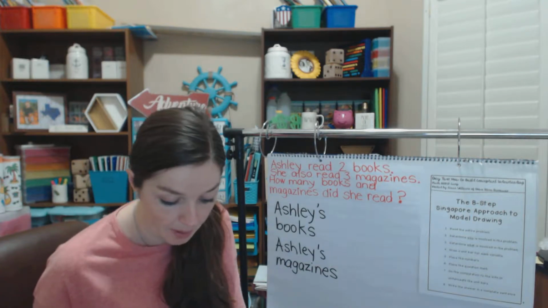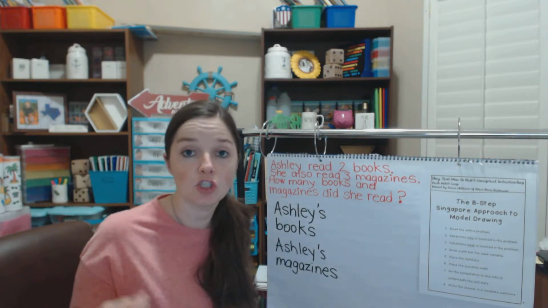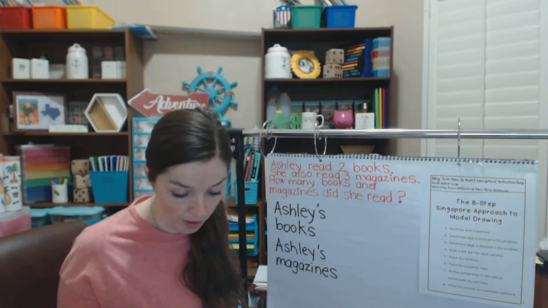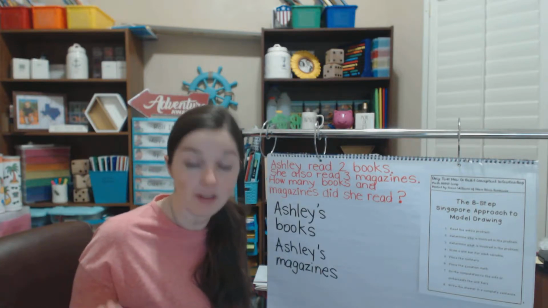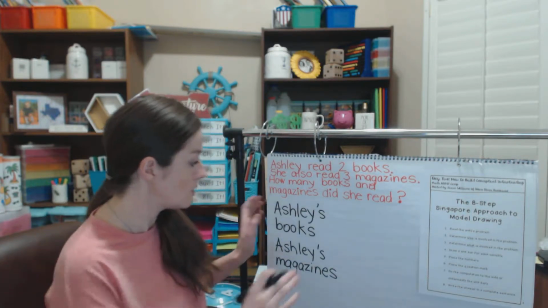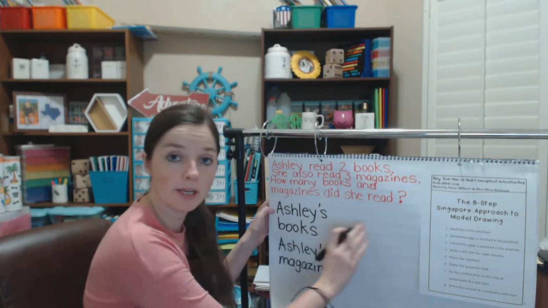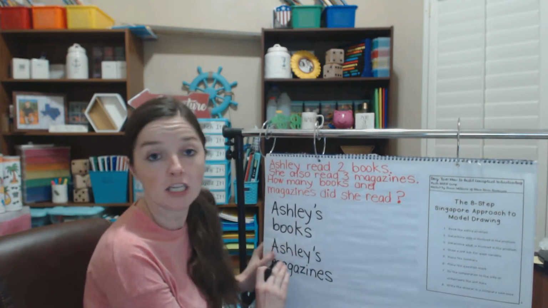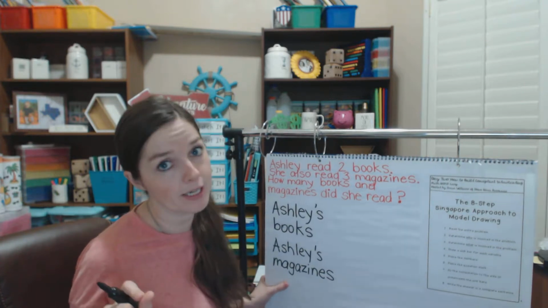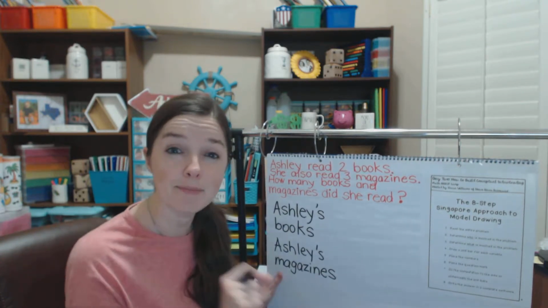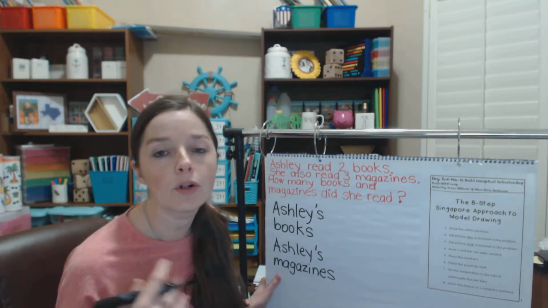The fourth step in the process is we need to draw 1 unit bar directly to the right of each variable. So for Ashley's books, we're going to draw a unit bar. And for Ashley's magazines, we're going to draw a unit bar. Now with these unit bars, they have to be the same size and equal length.